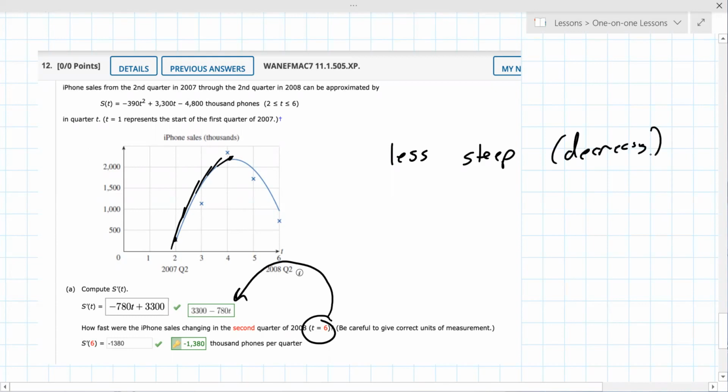That's decreasing, and it's a little bit awkward because the function is increasing, but it's increasing at a lower rate. This is like you going forward, but you're applying the brakes. That's the best example of that.